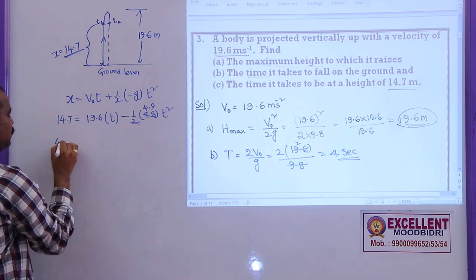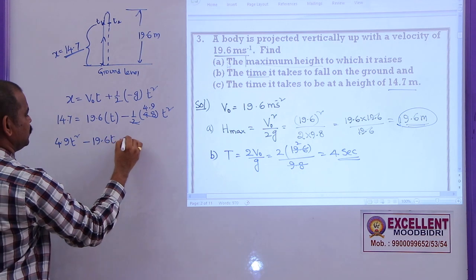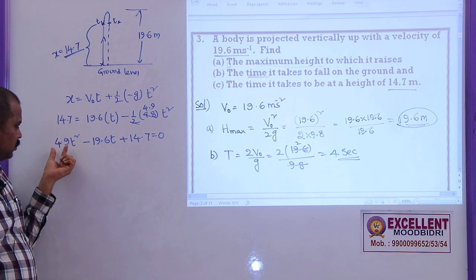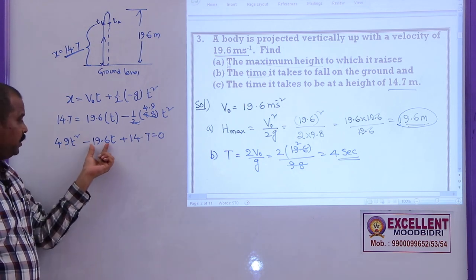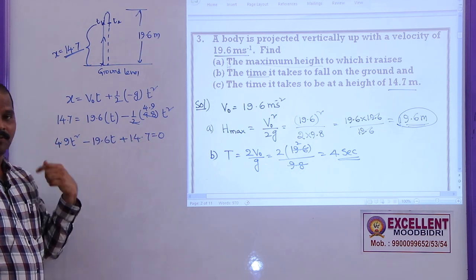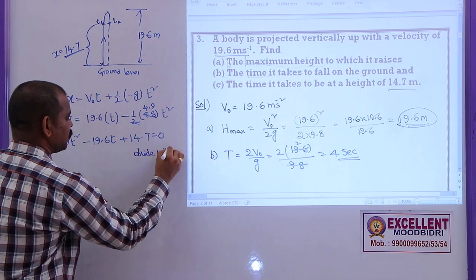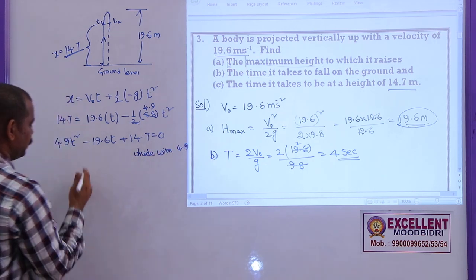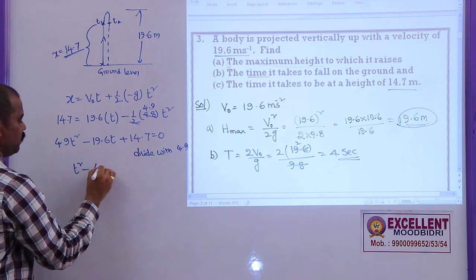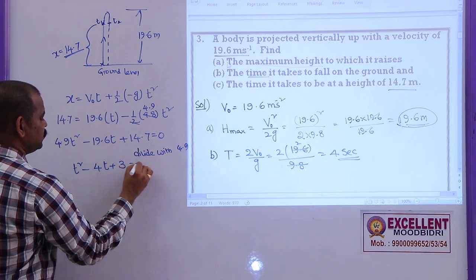So, bring this to this side: 4.9 t square minus 19.6 t plus 14.7 is 0. You can see this is 4.9, this is 19.6 and this is 14.7. These three are divisible by 4.9 itself. So, divide by 4.9. This will become t square, 19.6 by 4.9 will be 4, 14.7 by 4.9, this is 3.